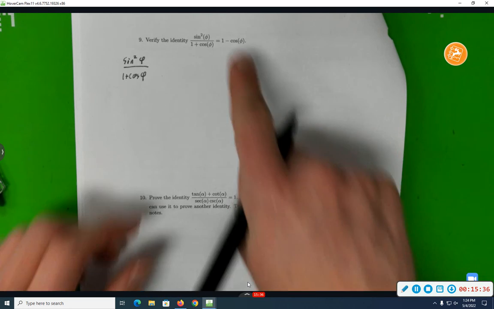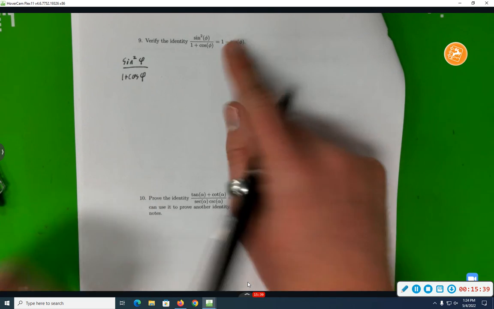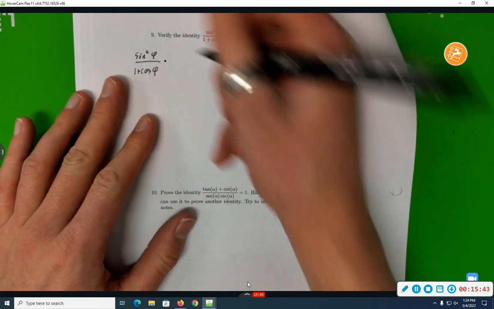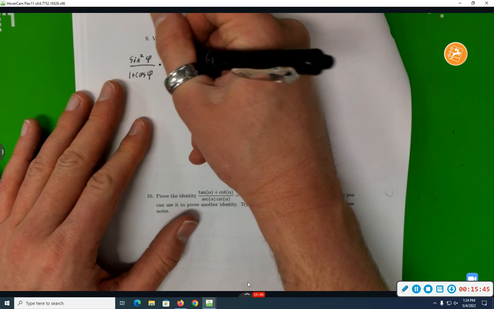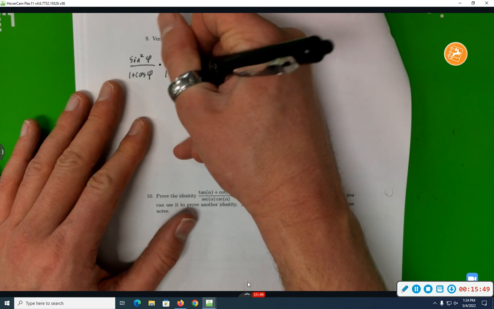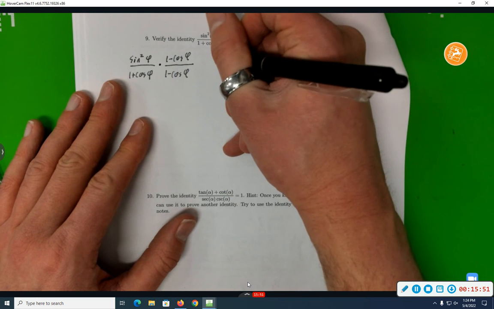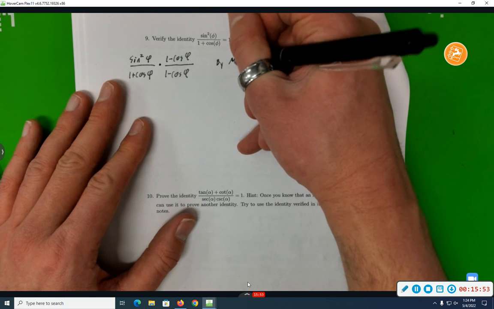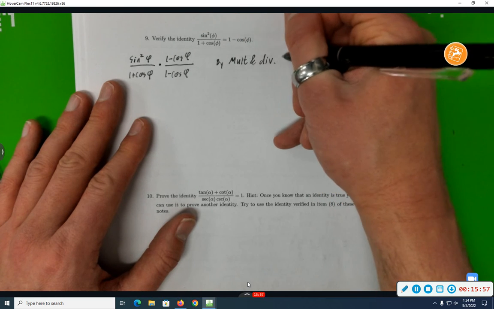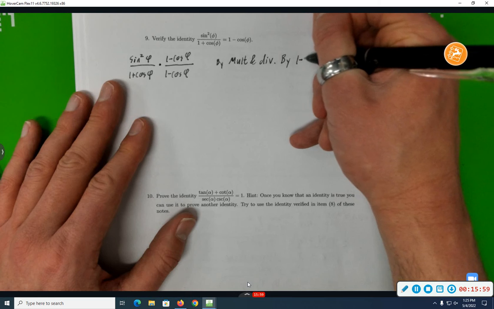So let's multiply and divide by the thing on the right-hand side, just because I didn't see anything else. There was another option that maybe we could do this another way as well. 1 minus cosine phi divided by 1 minus cosine phi, by multiplying and dividing by 1 minus cosine.